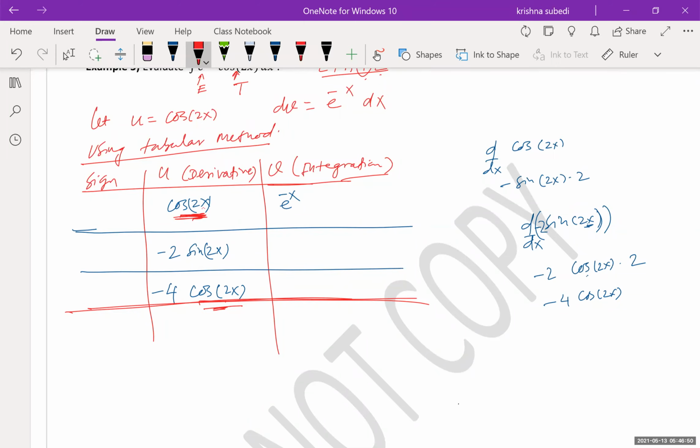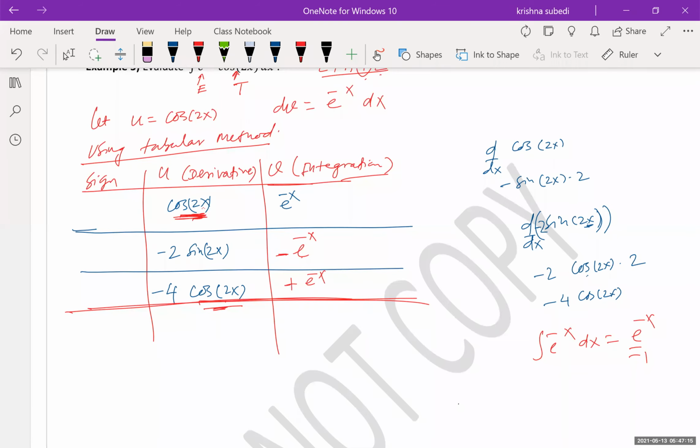Now we need to find the integration on this table. So it's going to be e to the negative x. Negative, because the integration of e to the negative x dx, we know, is e to the negative x over negative 1. And then if you find the integration of this, it will be negative e to the negative x, so that's going to be positive.